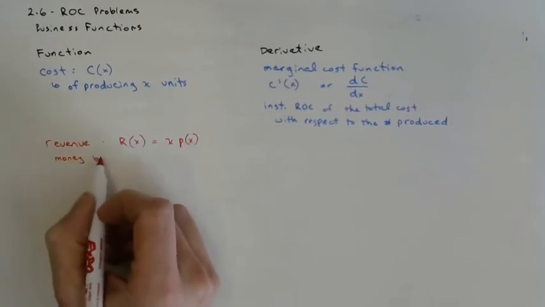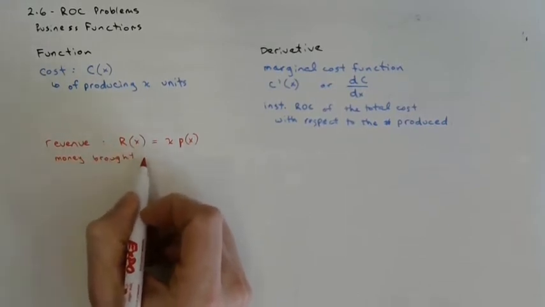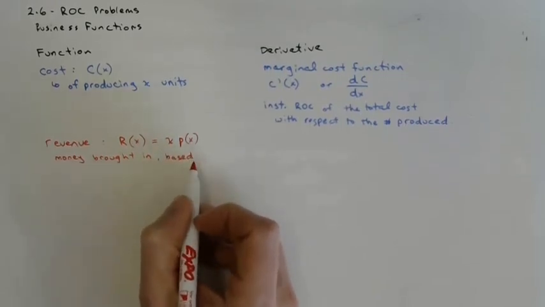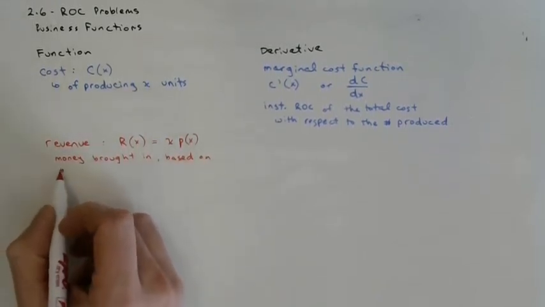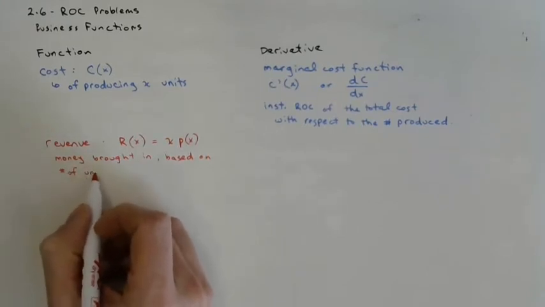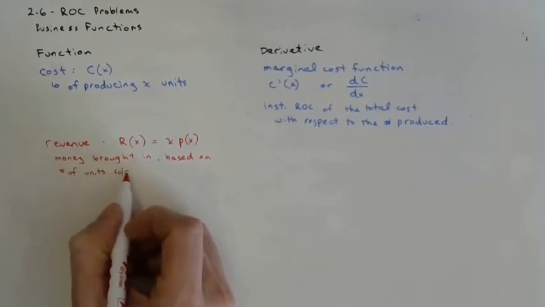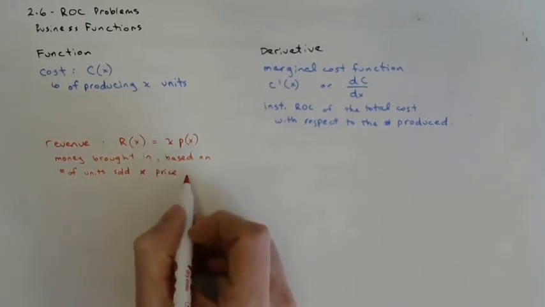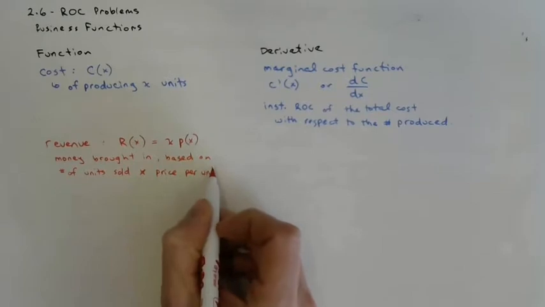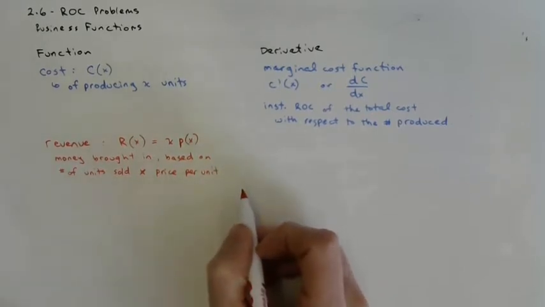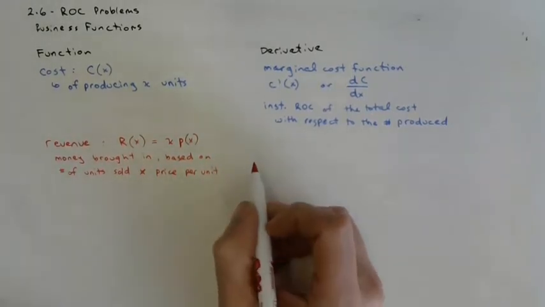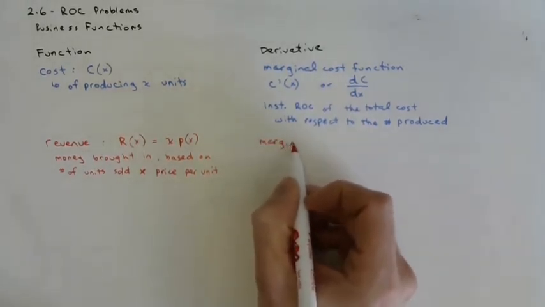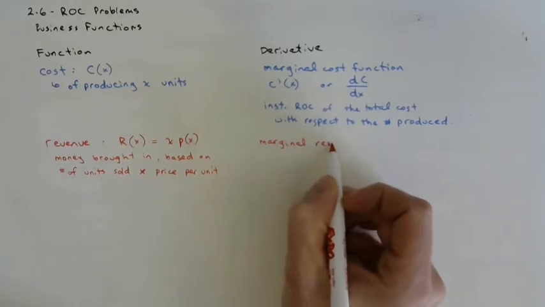Money brought in based on number of units sold times price per unit. So the derivative of the revenue function is called the marginal revenue function.